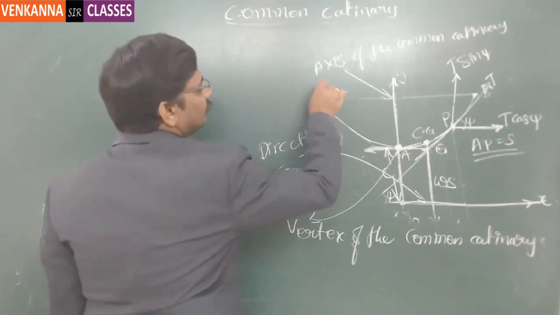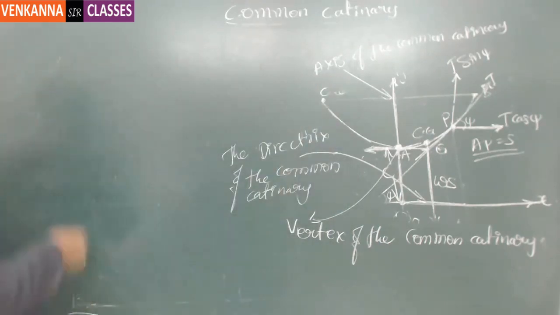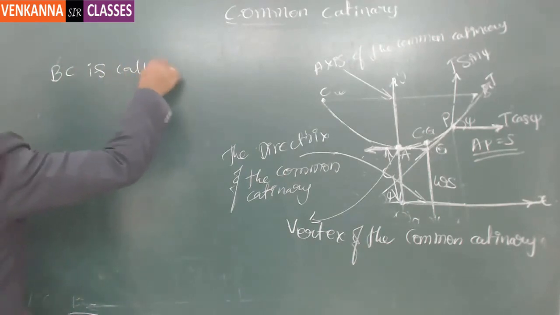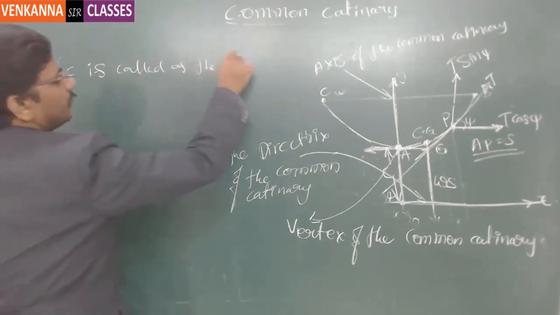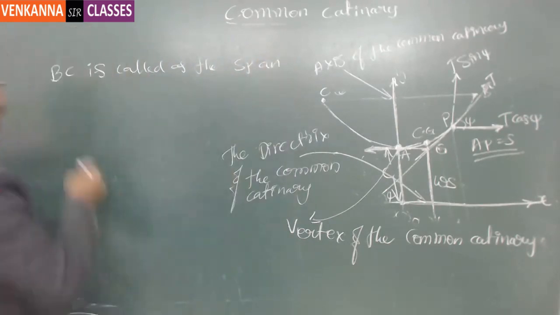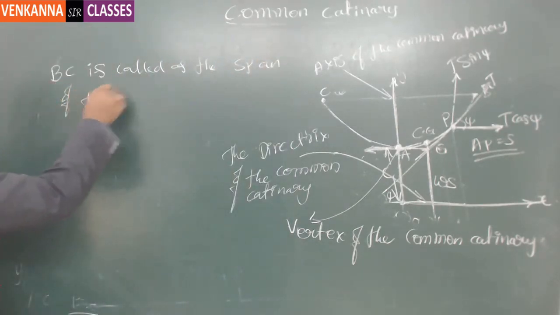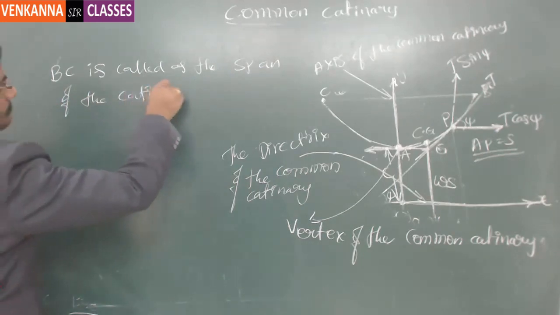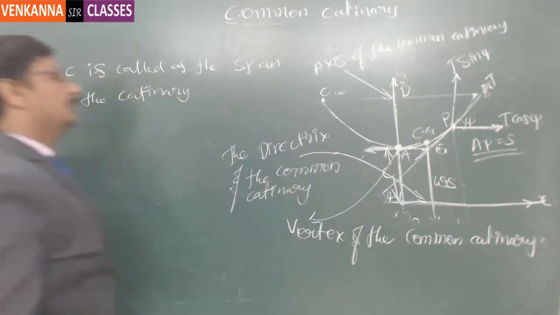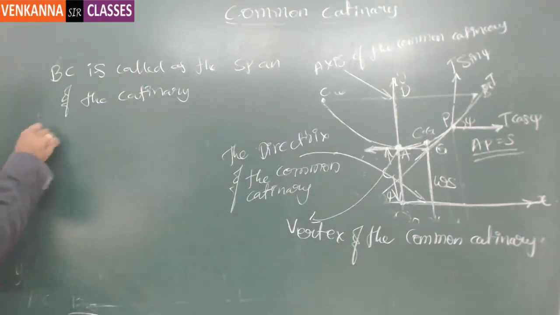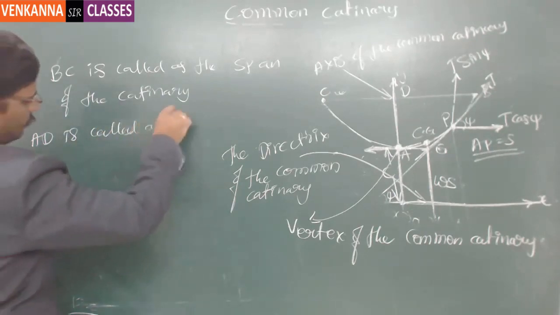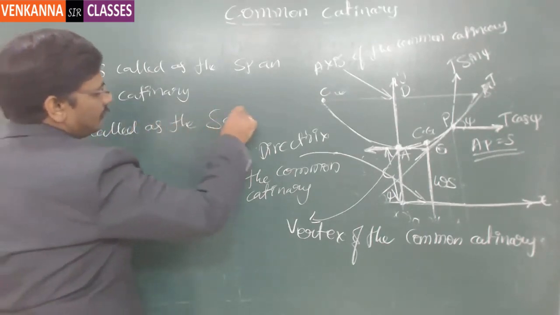And this length BC is called the span of the catenary. And if I call this point D, then AD is called the sag of the catenary, sag.